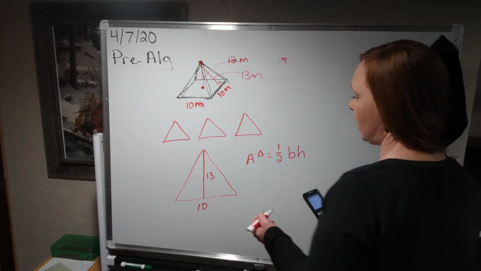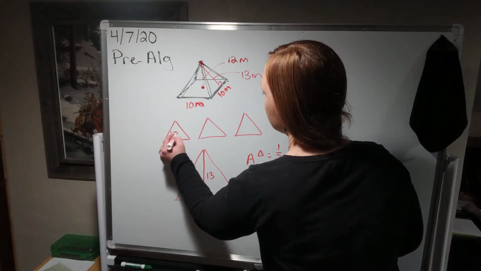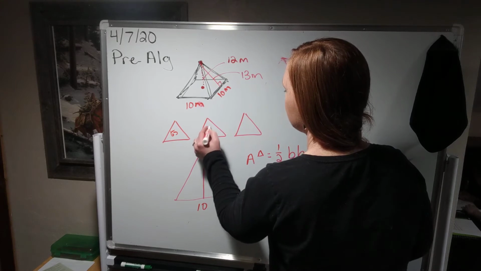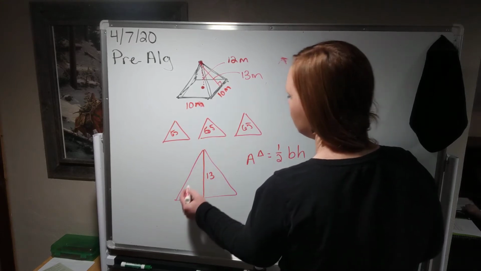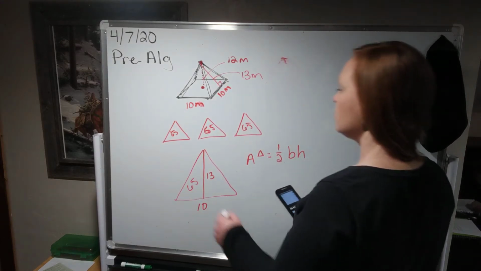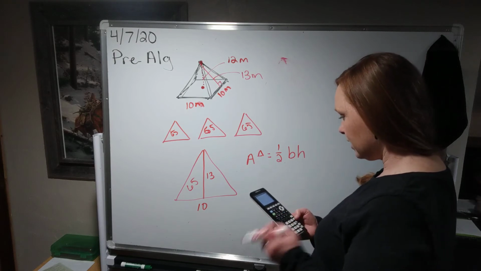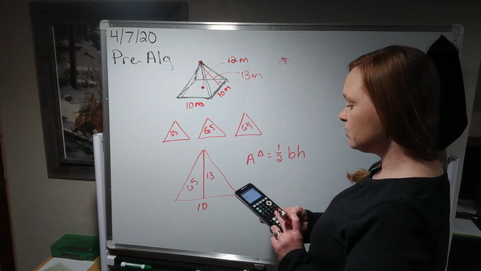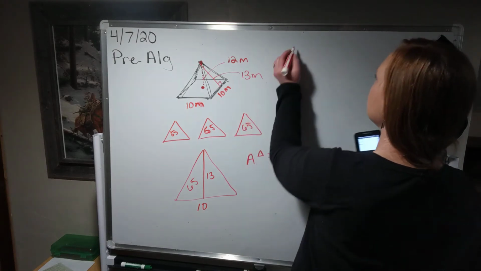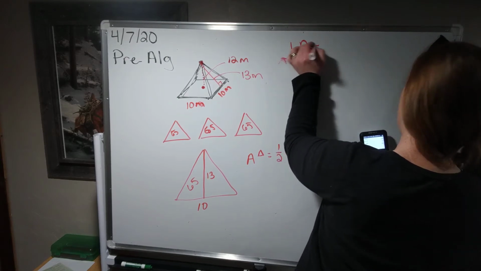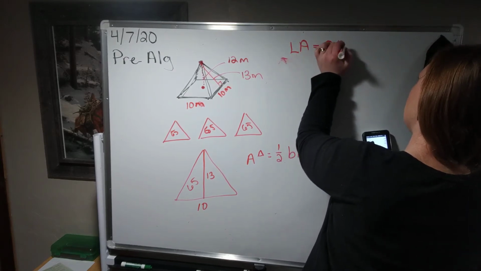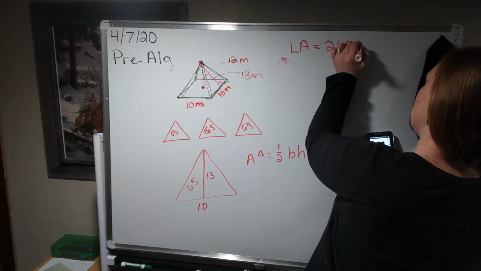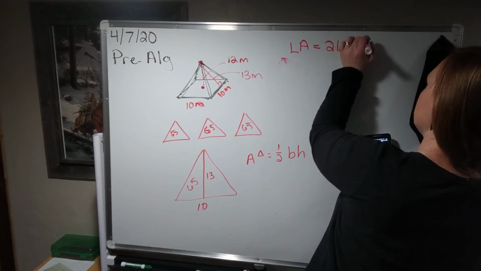And I get 65. That means 65, 65, 65, 65. So it means that all of these triangles, I'm going to take my 65 and multiply it times 4, and I'm going to get 260. So the lateral area equals 260 meters squared.